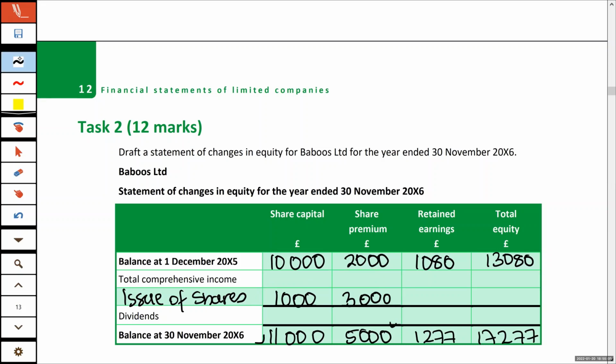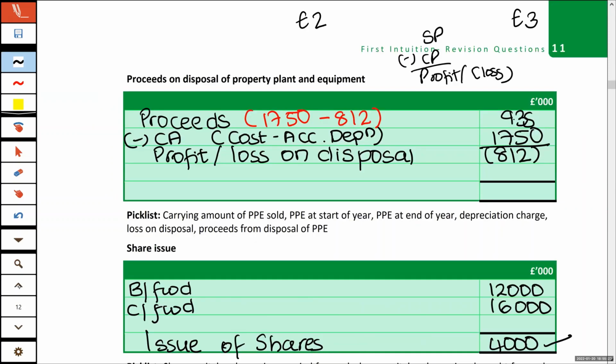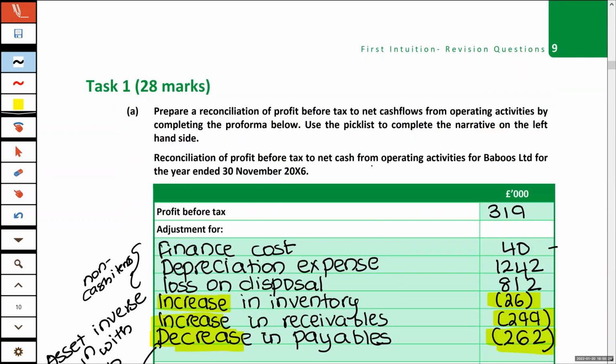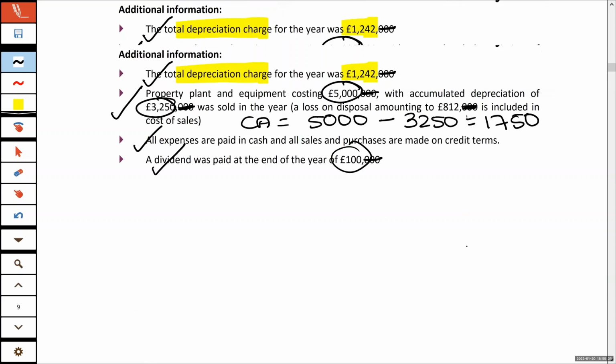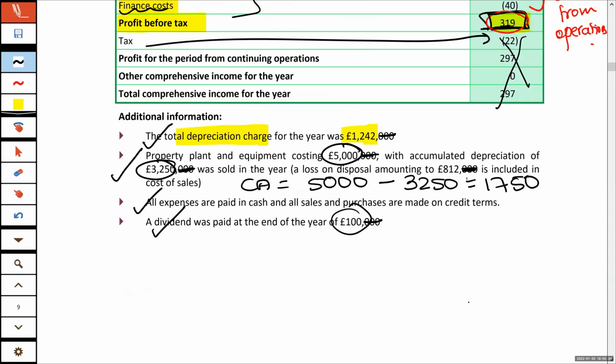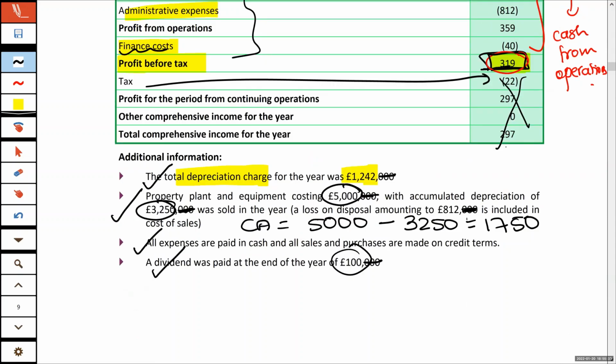Retained earnings. In retained earnings, our dividends are deducted from there. So I have my minus 100. And I have my total comprehensive income to go in there, because your current year's profit is part of your retained earnings, and that is 297. So we take that and put it in.